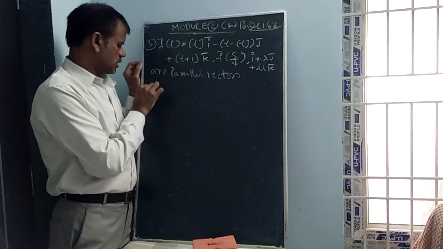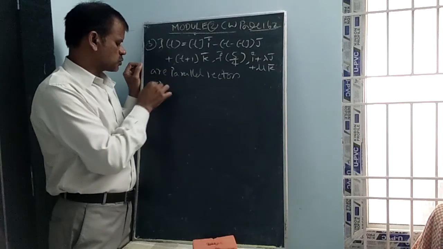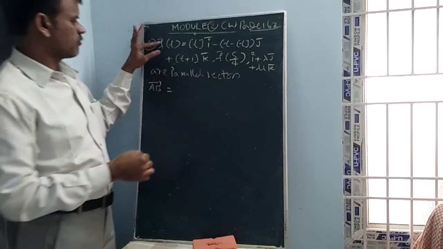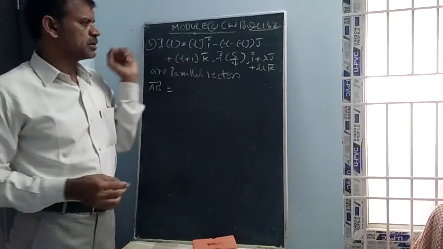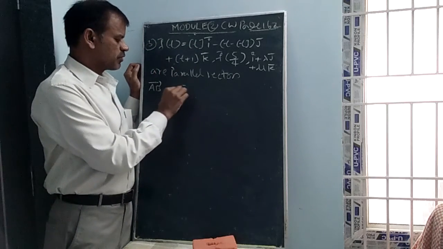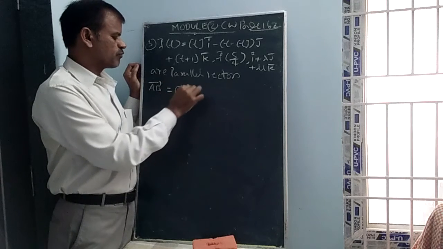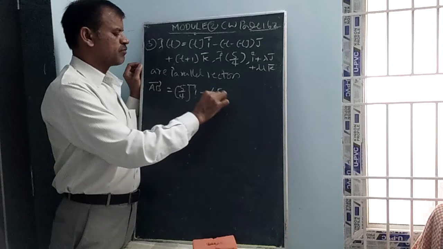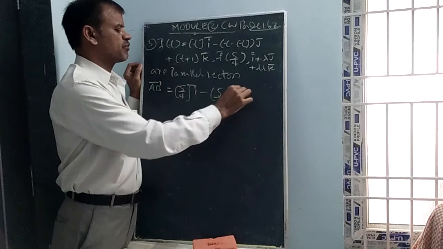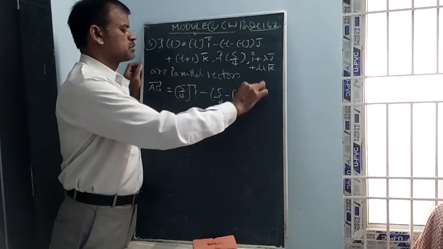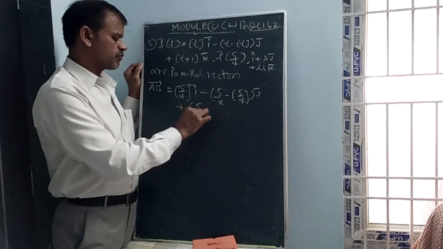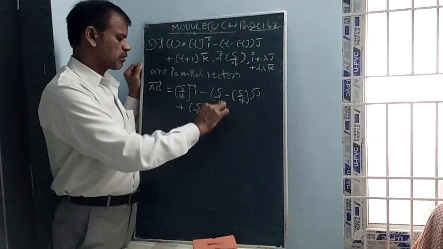Let us write here AB bar, of course OA also you can write. AB is equal to F bar of 5 by 4. Substitute 5 by 4 instead of t: step of 5 by 4 into i bar minus (5 by 4 minus step of 5 by 4) into j bar plus (step of 5 by 4 plus 1) into k bar.